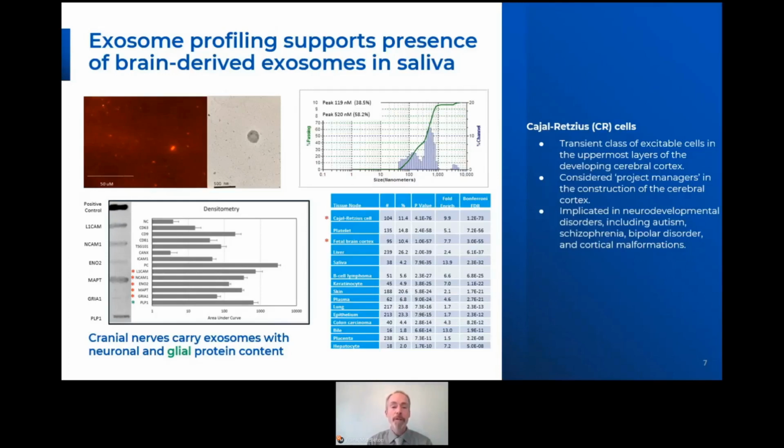Now, the Cajal-Retzius cells node that you see enriched with proteins from saliva is quite interesting because it's known to be implicated in early brain development. And these specific cells have actually been thought to potentially contribute to the pathophysiology of neuropsychiatric conditions, including autism. And there's a picture of these Cajal-Retzius cells drawn by Ramon y Cajal more than a century ago.